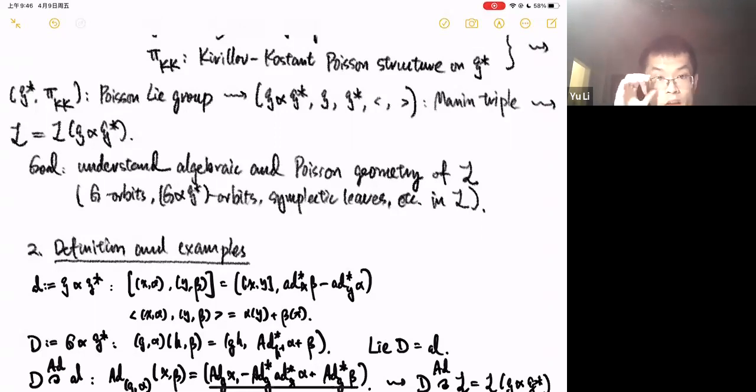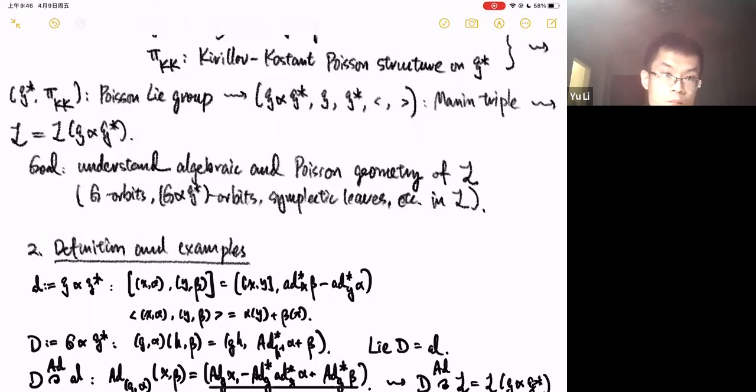So for now, I'll remark that this question is quite hard. And the reason for that is, for example, we know that if you want to classify, let's say, G orbits in L, then more or less you would have to be able to classify all finite dimensional Lie algebras, which we know more or less is impossible.